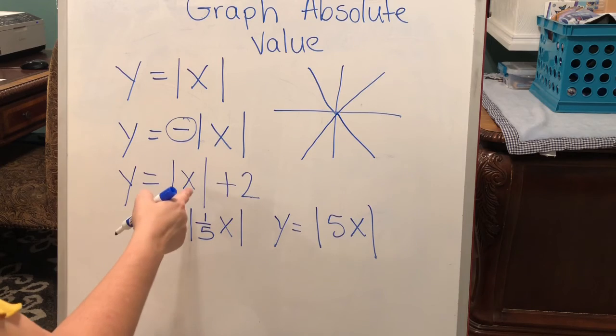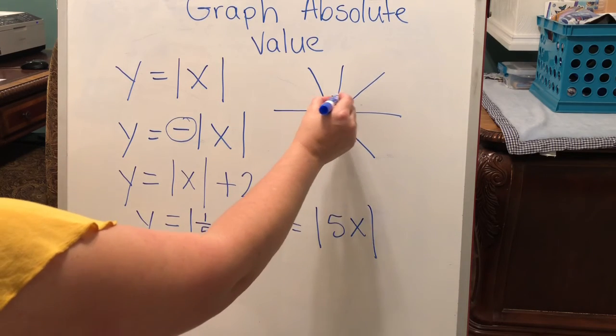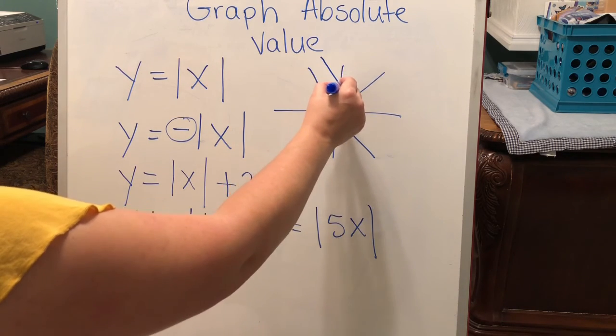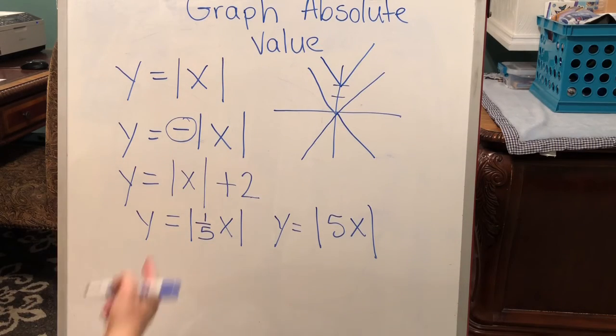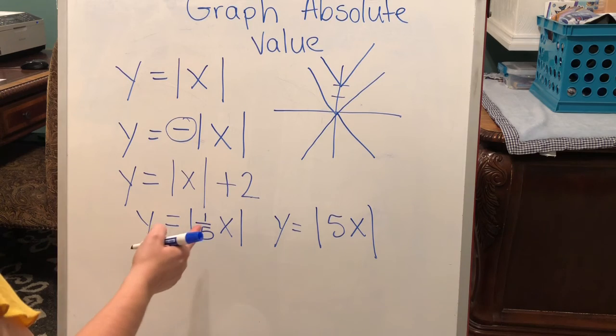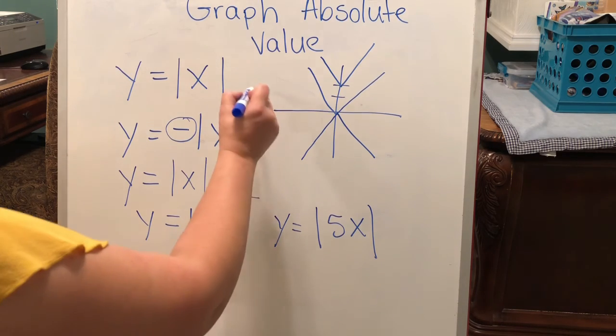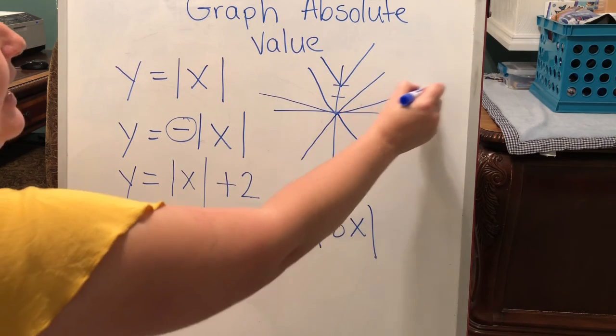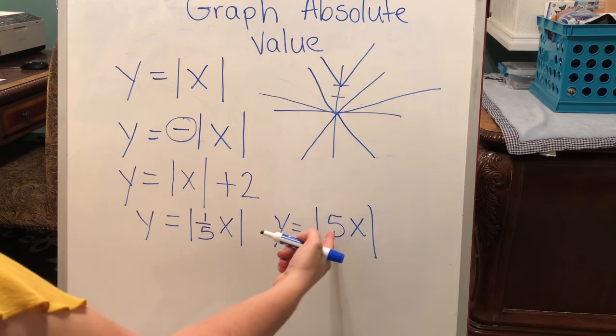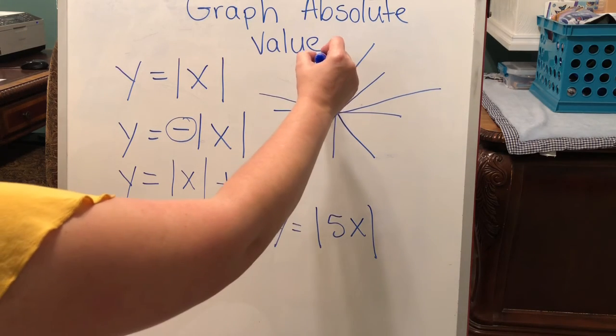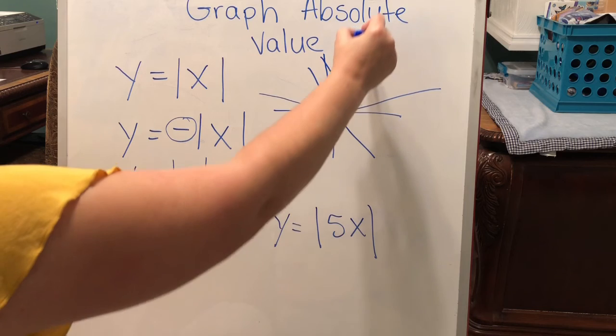Y is equal to the absolute value of x plus 2 shows a shift up on the y-axis of 2, and that's going to be opening up because it's positive. And the y equal to 1/5 x is going to be a big fat V, and the y equal to 5x is going to be a really skinny V.